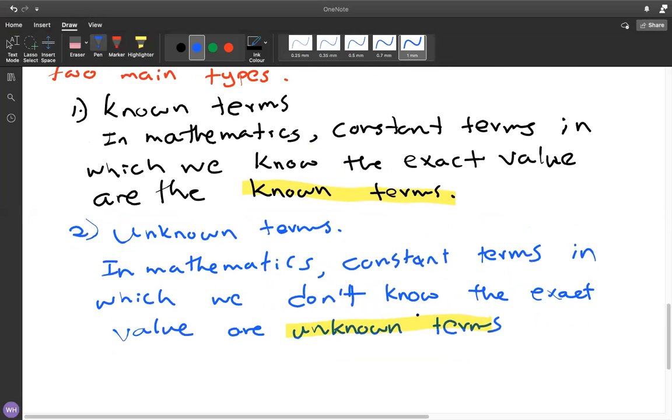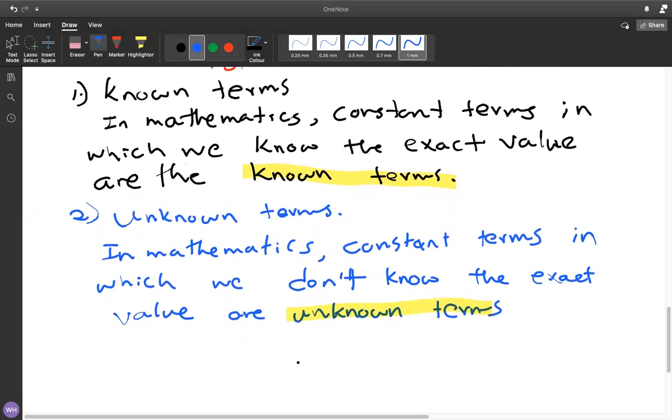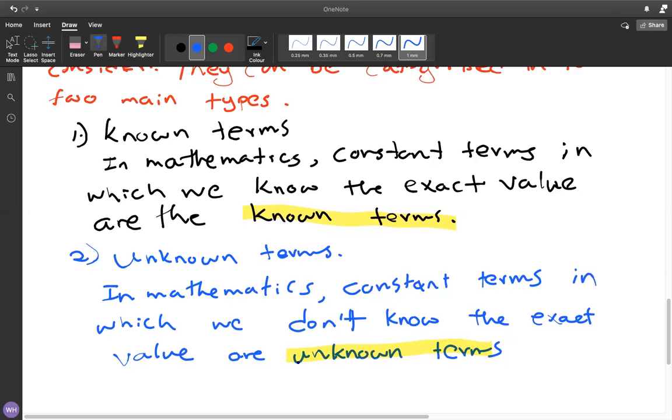Okay, now tell me some examples for known terms.